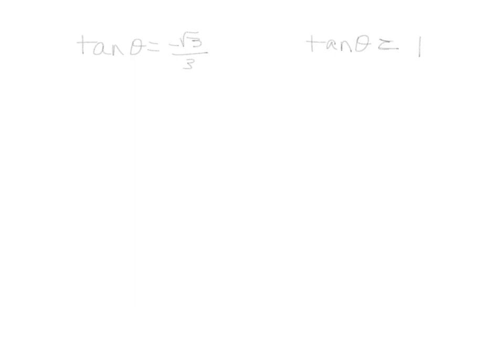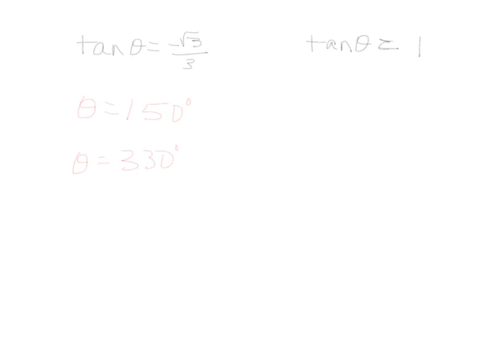The first place that you find tangent to be negative radical 3 over 3, what angle is that in degrees? And we can see that we're going to have that at 150 degrees. Look on around the circle further. Do you find a second angle that has a tangent that's negative radical 3 over 3? And that happens to be at 330 degrees.